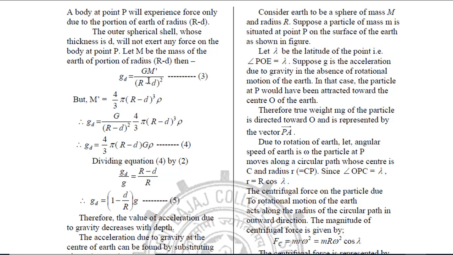If we substitute into our formula, we have G over r minus d squared, and we substitute 4/3 pi r minus d cubed times density. So r minus d squared and r minus d cubed cancel, leaving r minus d on top. So we have 4/3 pi, r minus d, density, times G here.